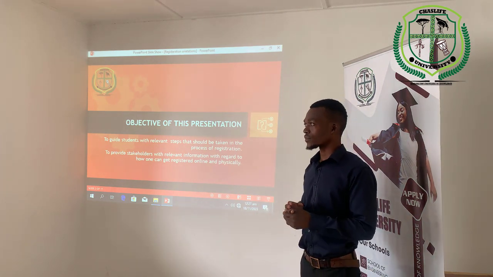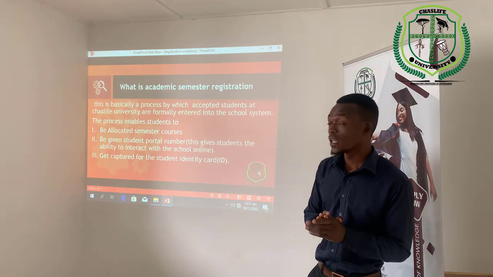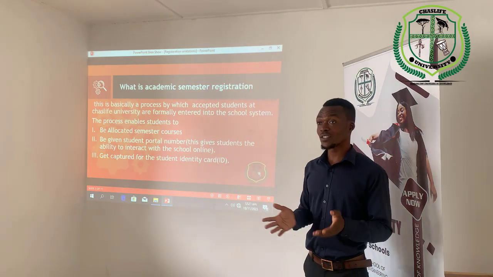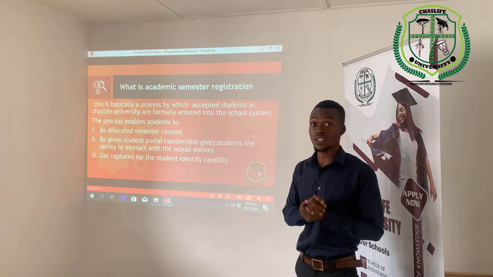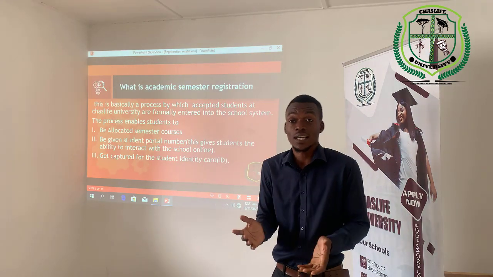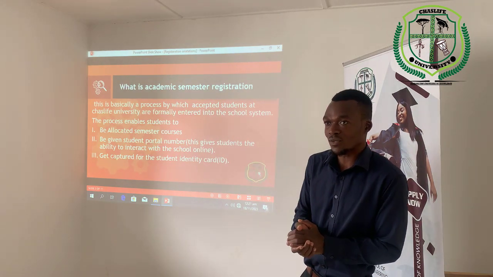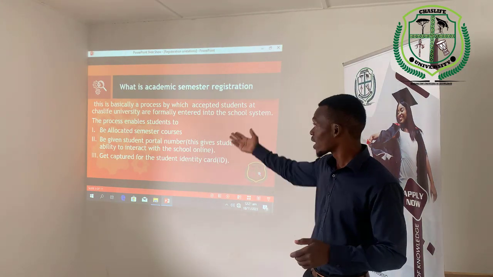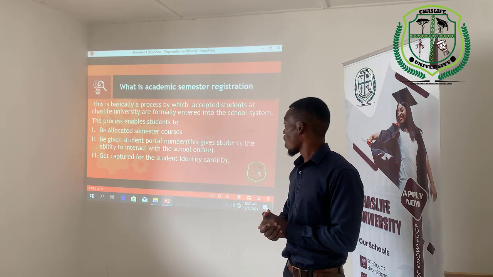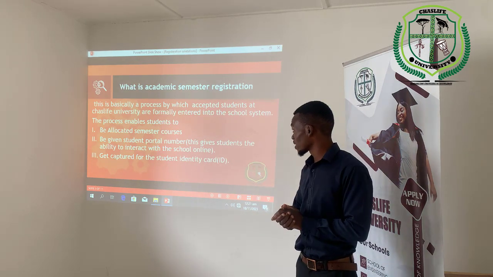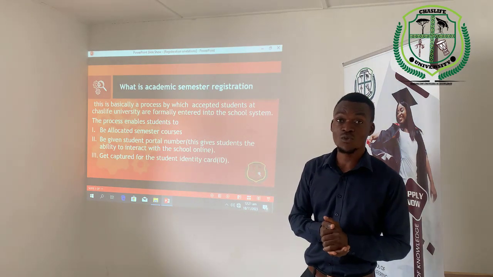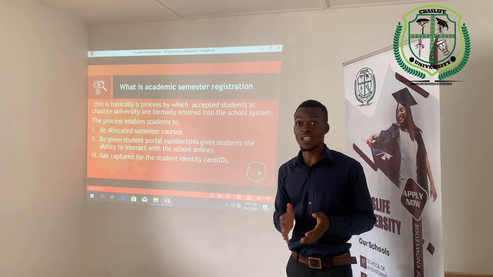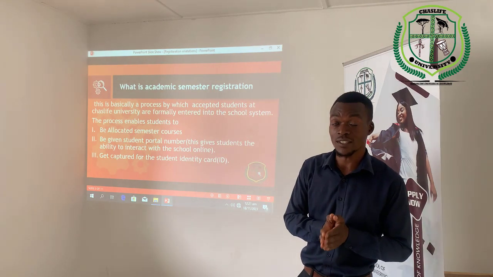Before we look at the steps that one needs to take to get registered, we must first understand what registration really is. This is a process by which accepted students at Just Life University are formally entered into the system. By entering, I mean their details are formally entered into the system.